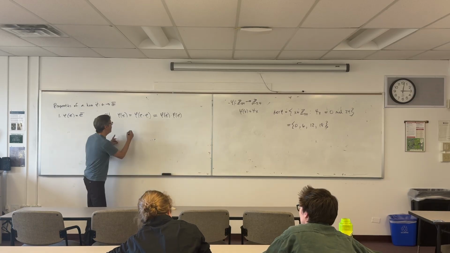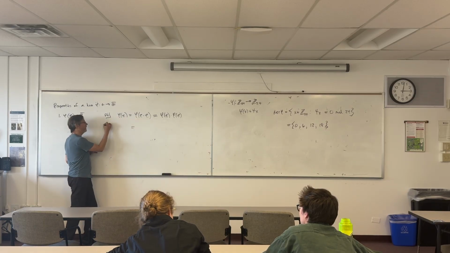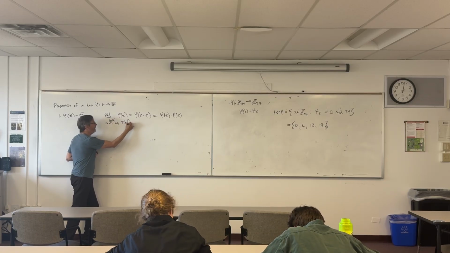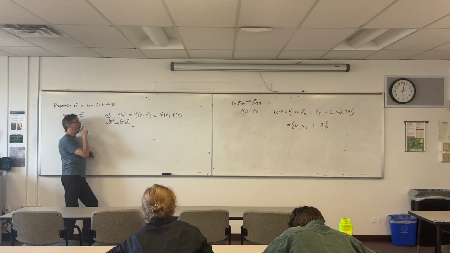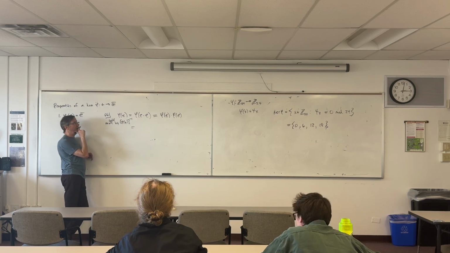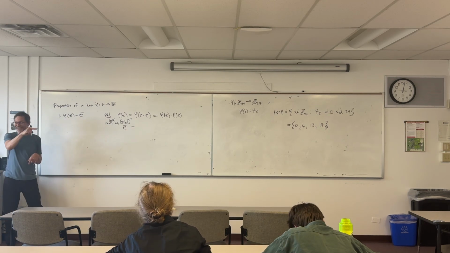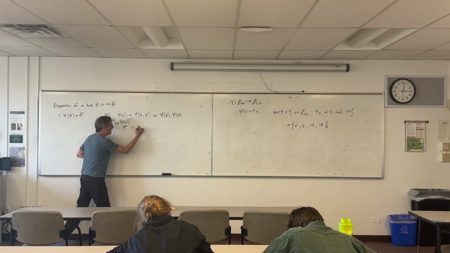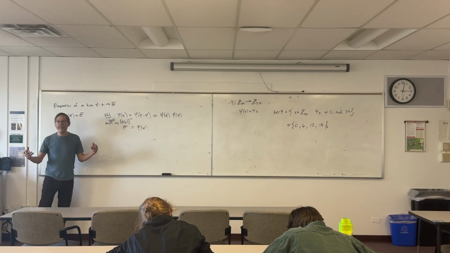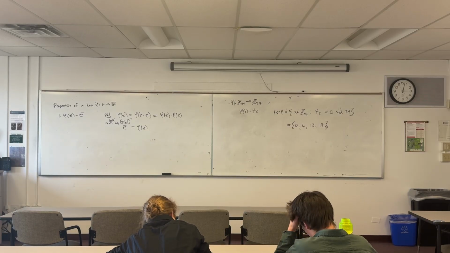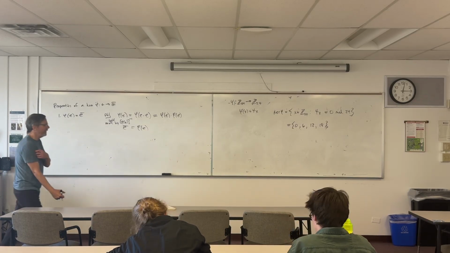What's on the left? E bar, the identity in the output space. And on the right, I've got phi of E. That proves it. That's a cool, very elegant proof.